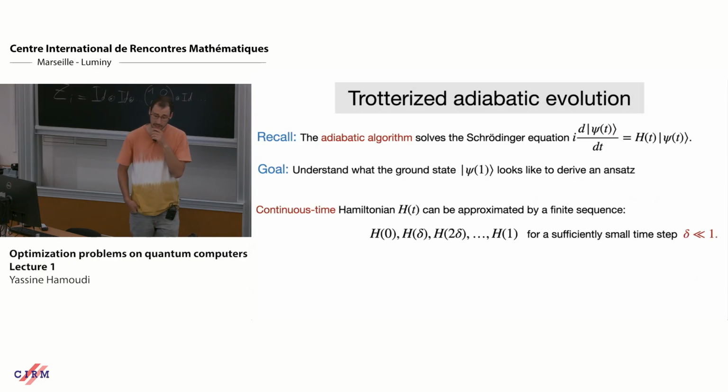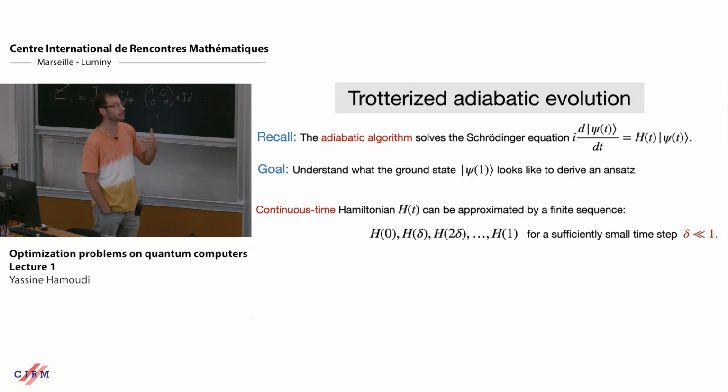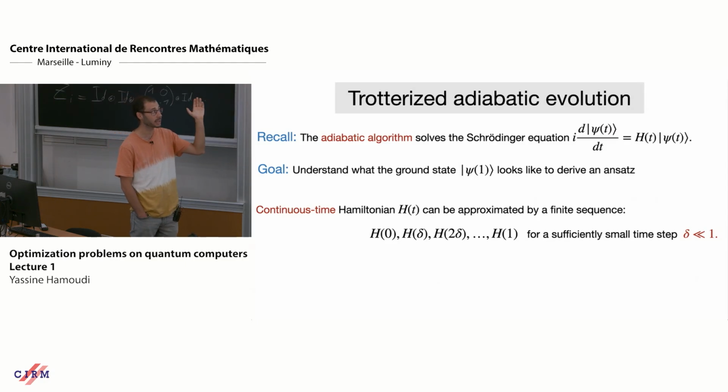So first idea is to discretize the adiabatic algorithm. This is a standard idea. Instead of a continuous time evolution, we'll approximate the evolution of H(t) by a sequence of slowly evolving Hamiltonians. This is something we already discussed before. So H_0, then H_delta, etc., for a sufficiently small time step delta.